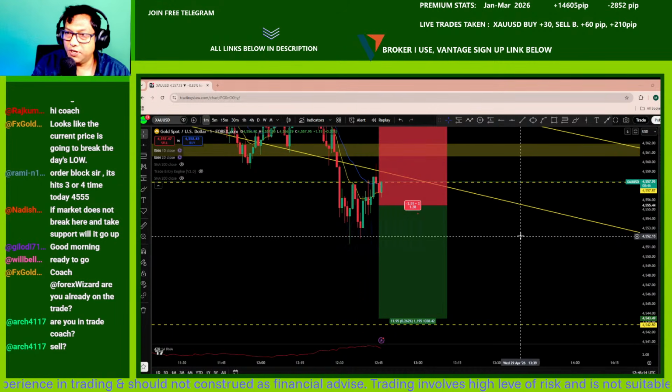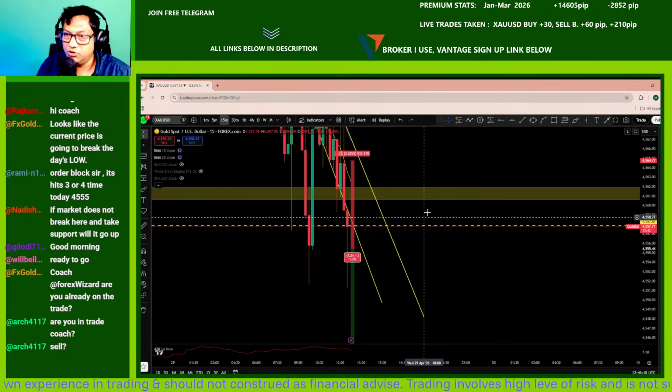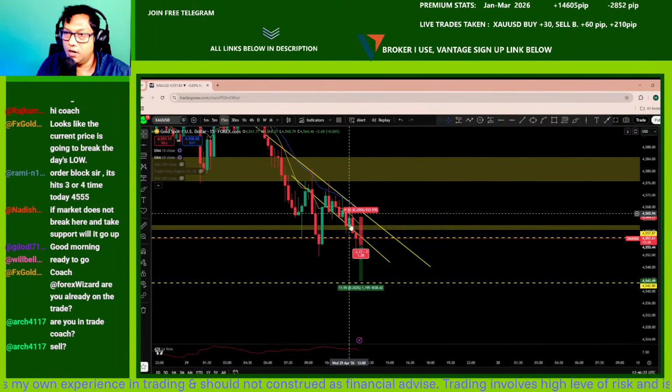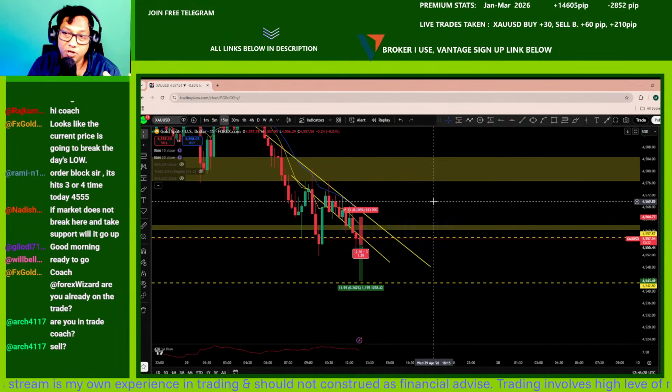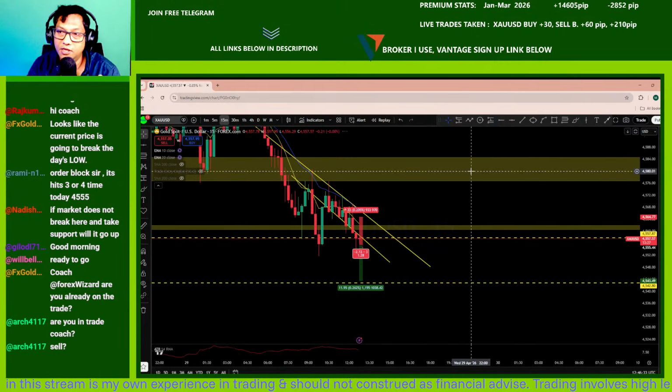So I move my TP to this level. Now, if you look here at the 15 minutes price action, there is a bearish candlestick pattern. I think the overall market structure is bearish, but it is not unusual to go for a deeper liquidity grab. But at the moment, we are trading with the trend, and we are remaining in the direction of the trend.